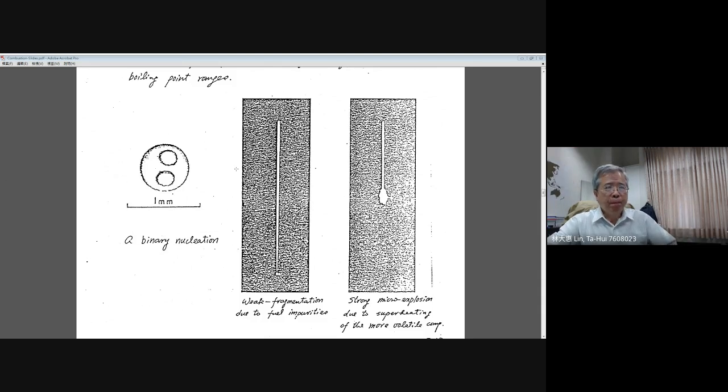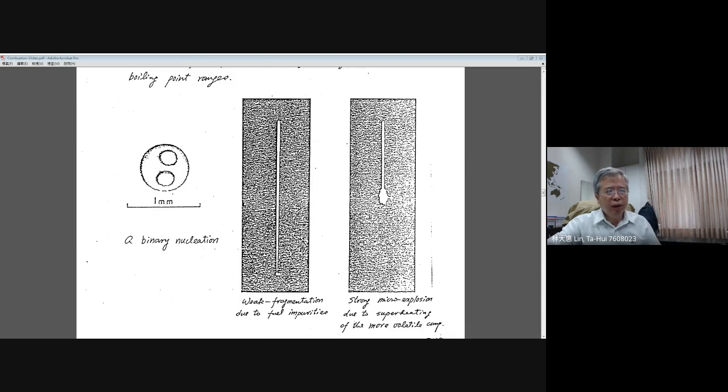Okay, and there are two pictures to show you examples. The middle picture represents weak fragmentation due to fuel impurity. If your fuel has some impurity in the combustion process, sometimes you will have some kind of impinging out, the break of the droplet.